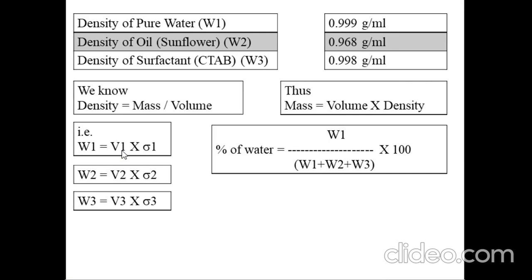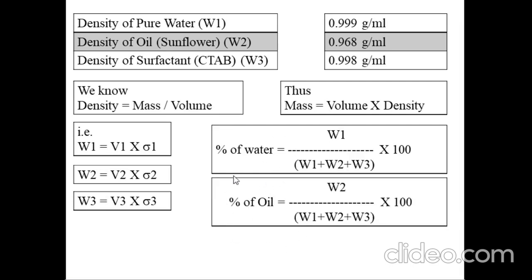This becomes 1 times the density of water, that is 0.999 gram per ml. So, multiplying that value, W1 becomes 0.999 over. Similarly, you find out W1, W2 and W3, times 100 gives you the percentage of water.